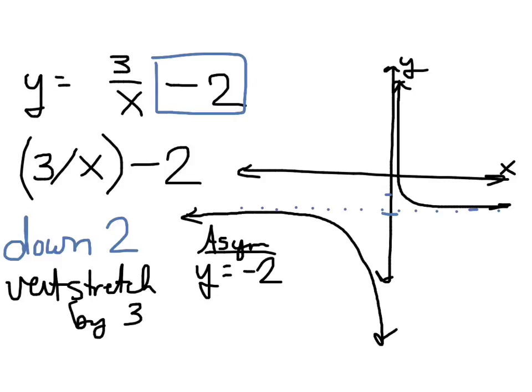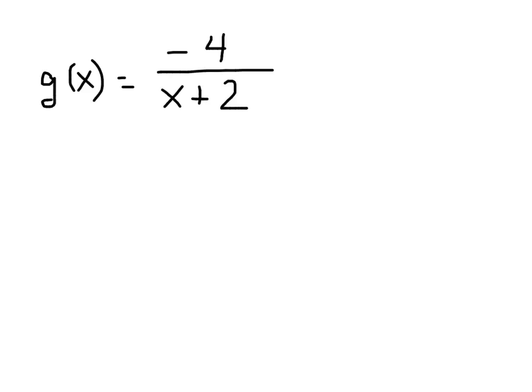Okay? Now, the only other type that you're going to see, what happens if they give you one like this? G of x equals neg 4 over x plus 2 minus 1.